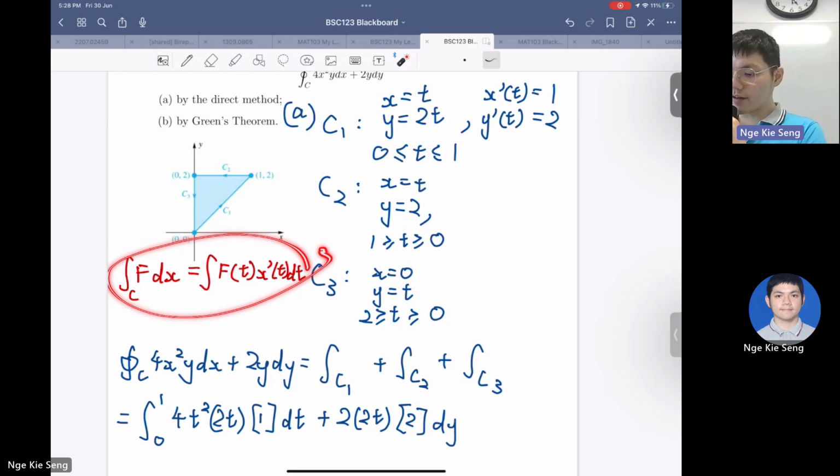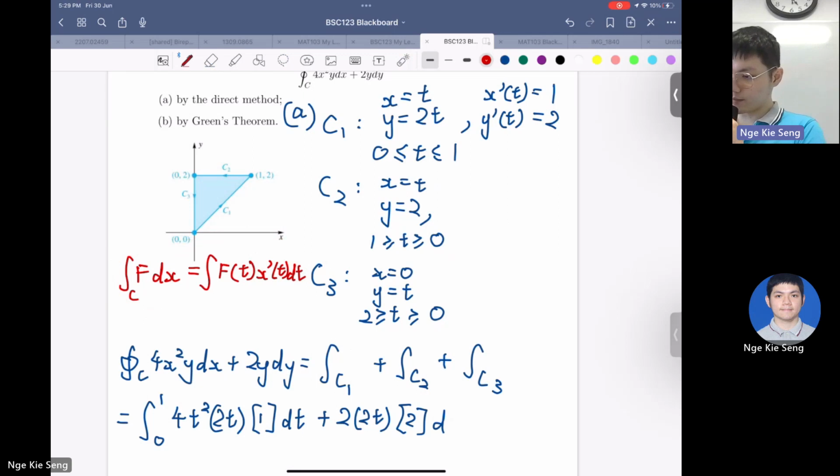You will have a contribution from your tangent vector, dt. Correct. This is dt. All of them are like that.